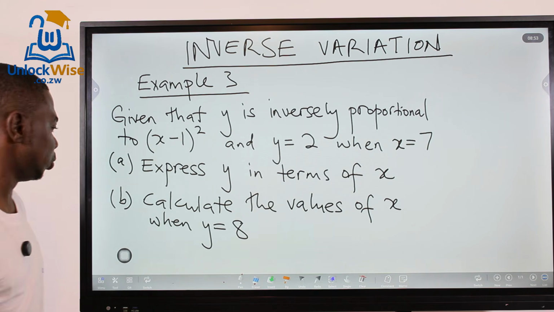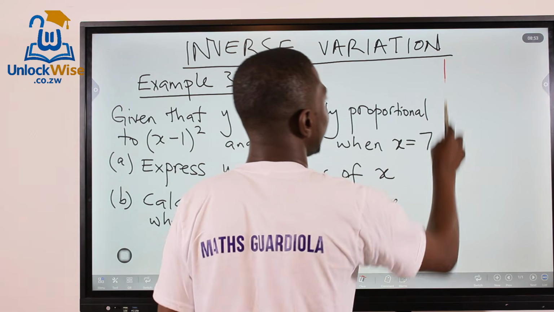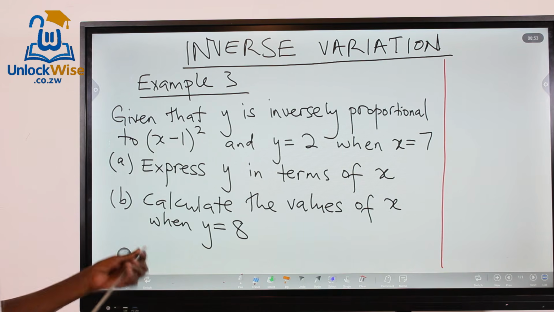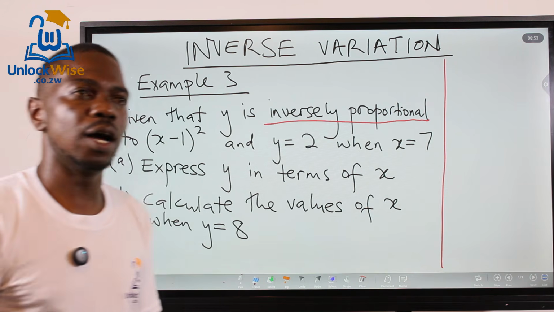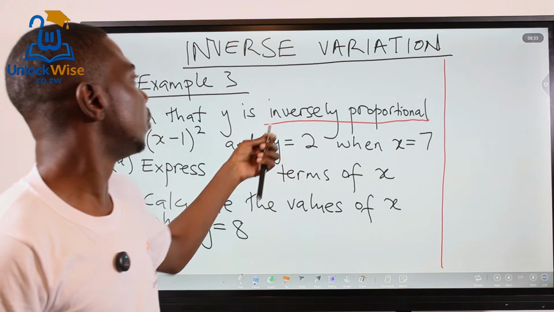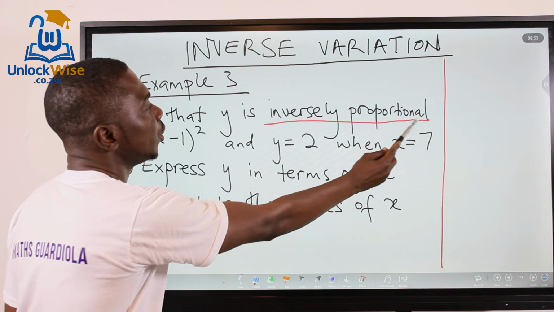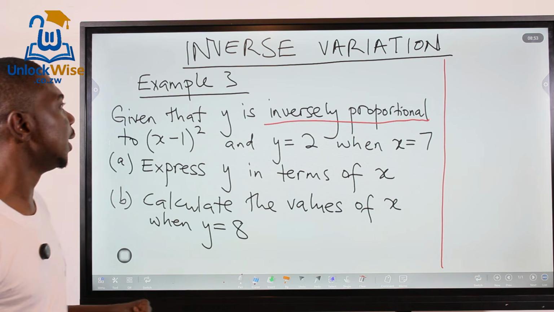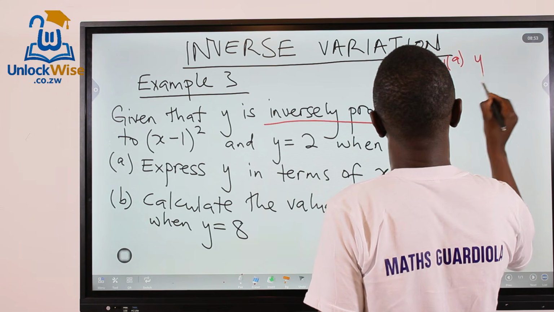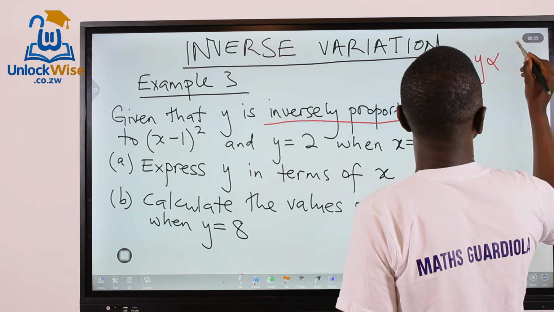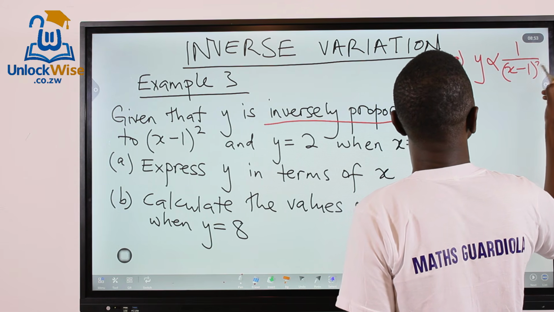Right. So what I want you to notice here is, given that y is inversely proportional, I think I've mentioned this before, that the issue of proportionality and variation being the same thing, and you are told the type of variation in the first statement, right? And then now this is y is inversely proportional to 1 over x minus 1 squared, right?